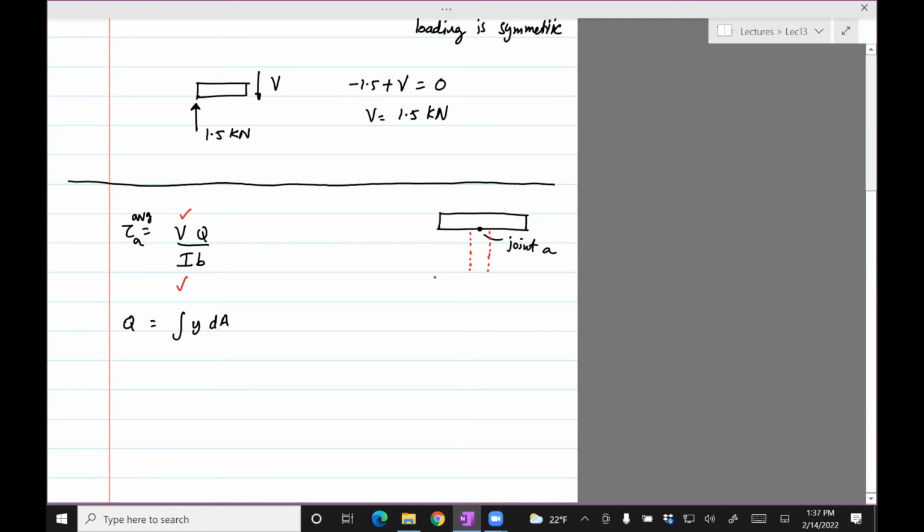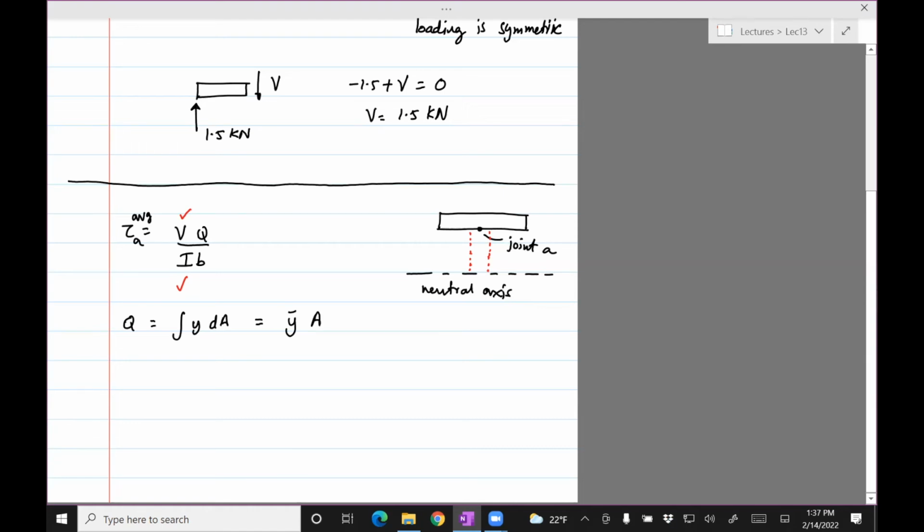And so what we need to do is find the first moment of this area about the neutral axis. For a regular shape, this is the geometric center times the area.